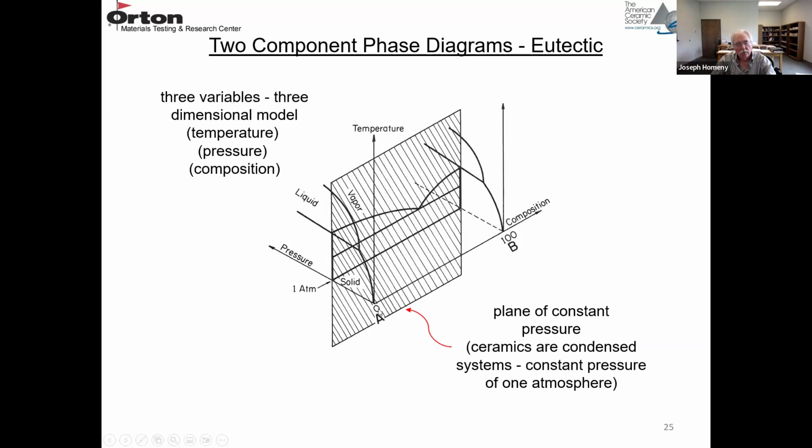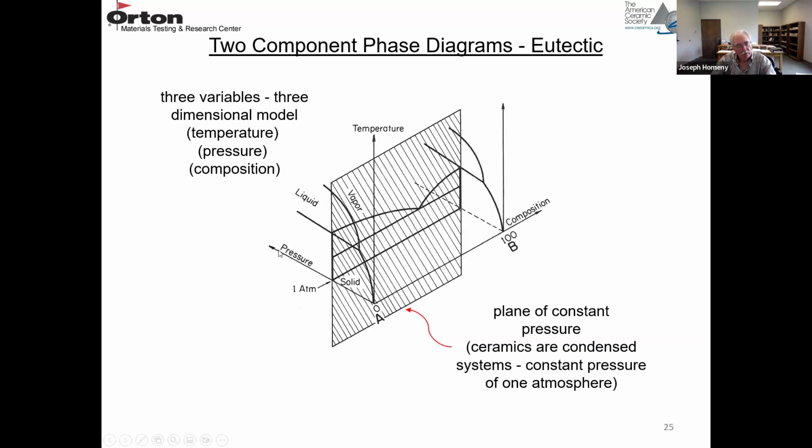So we start out with 0% B, and then 100% B at this point. And then we go from right to left, 0% A, and then 100% A. So that's the composition axis.